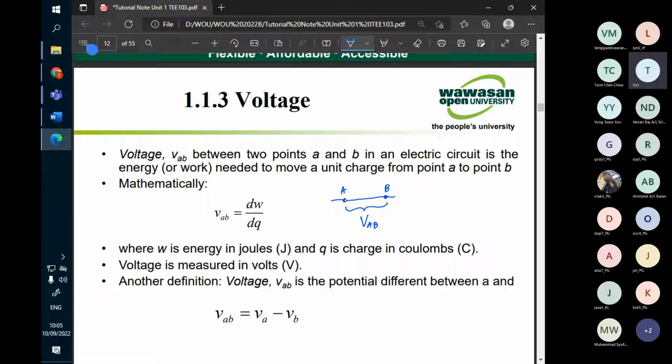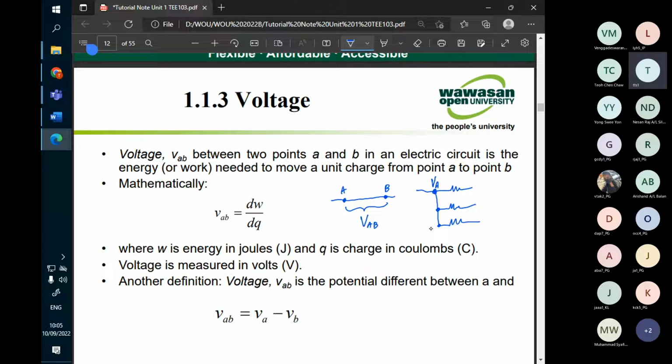At one node here, we usually have the same voltage. For example, let's say you have a circuit like this, and probably another branch like this. So this node and this node and this node, they are actually the same, because they have no component or element between them. So these three nodes are viewed as the same node VA.